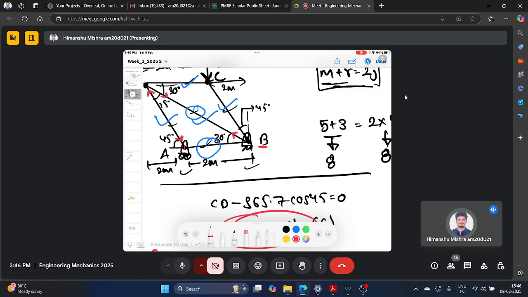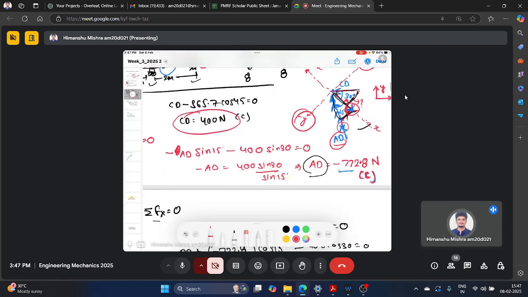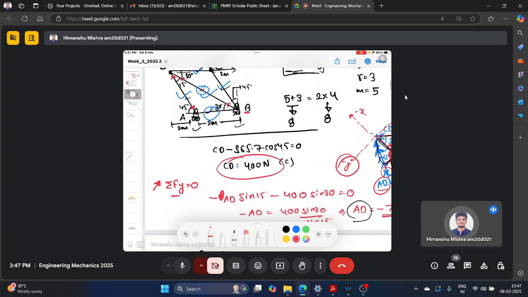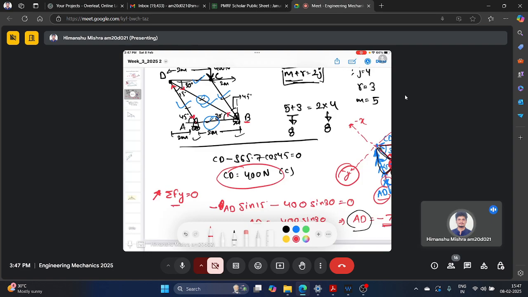And once you get the magnitude of the force, it will tell you whether your assumed direction is correct or not. So for example, when we found force DB, we got minus 772, which says that our assumed direction was wrong. So we reversed the direction and we found it is towards the joint, which was compressive in nature. So once we got the magnitude and the direction, then the definition helps you to assign the direction when you consider another joint.